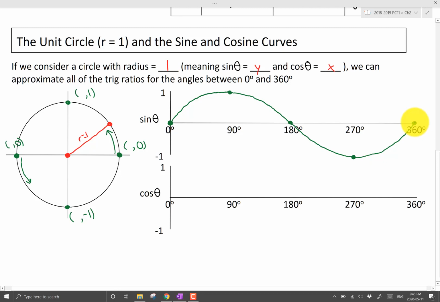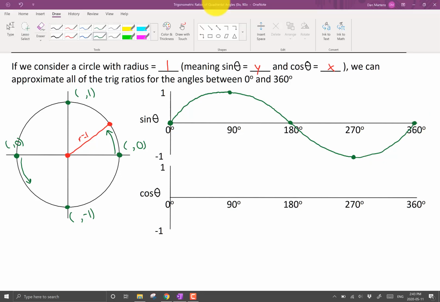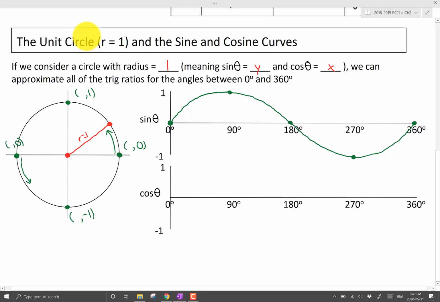You could pause this video if you'd like to, but you might want to predict what the cosine curve might look like. The cosine curve is always equal to the x-coordinate. If we look at that, the x-coordinate at 0 degrees is 1. So at 0 degrees, we've got an x-coordinate of 1. Now ask yourself, what happens to the x-coordinate when I get to 90 degrees?